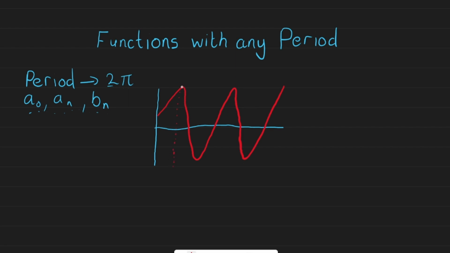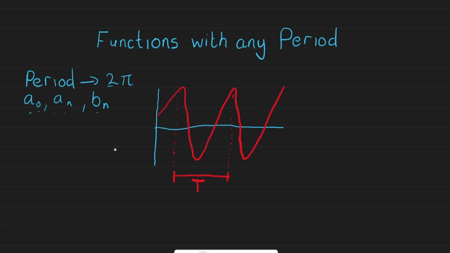So we'll just identify this point, and then we can see it goes through a cycle and then starts to repeat itself at a certain point later. So we could say in general that the distance between these 2 points is some kind of general period t, okay?